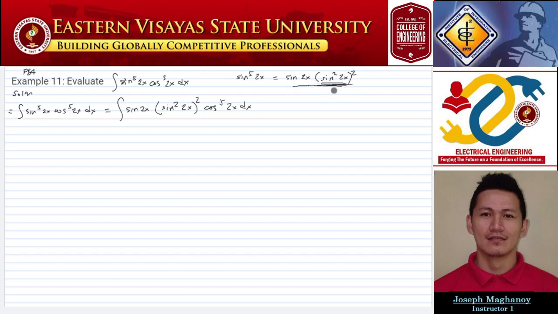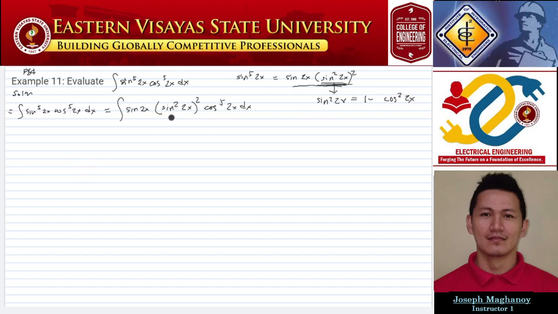The identity of sine squared 2x is equal to 1 minus cosine squared 2x.